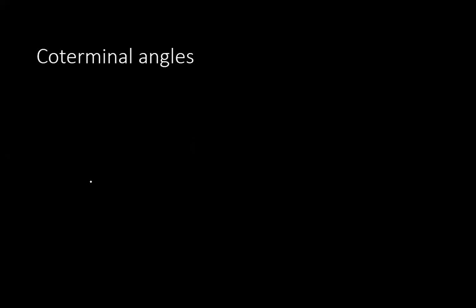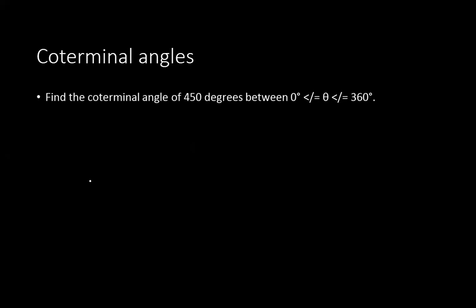For the first objective, find the coterminal angle of 450 degrees between 0 degrees and 360 degrees. If you're confused, it's like this: theta is greater than or equal to 0 degrees, but less than or equal to 360 degrees.